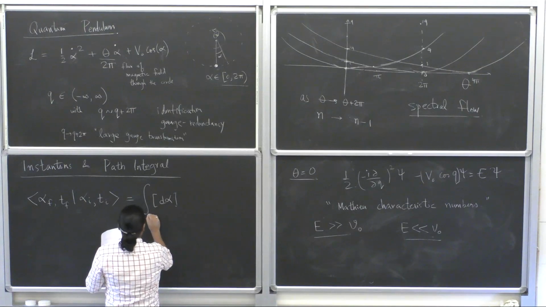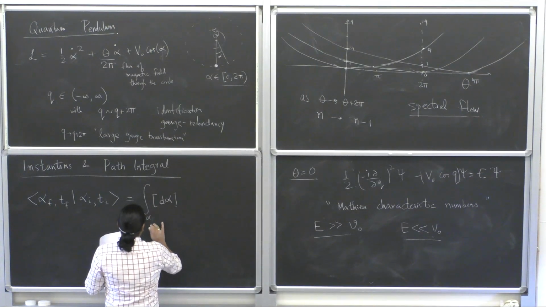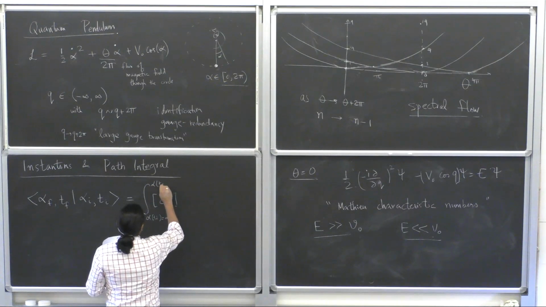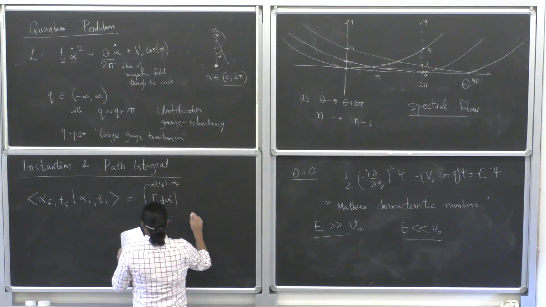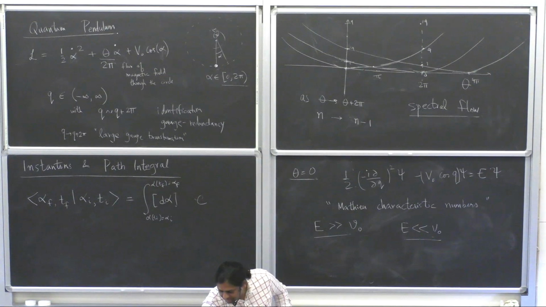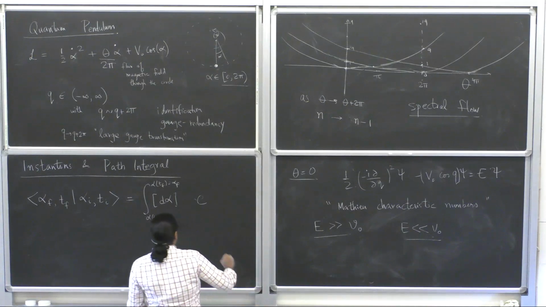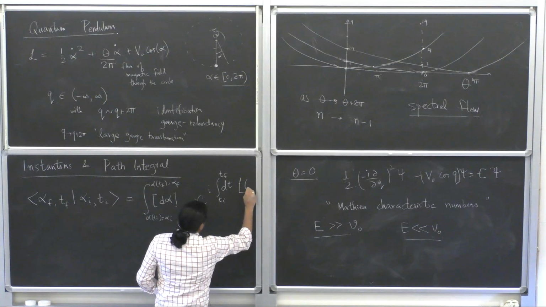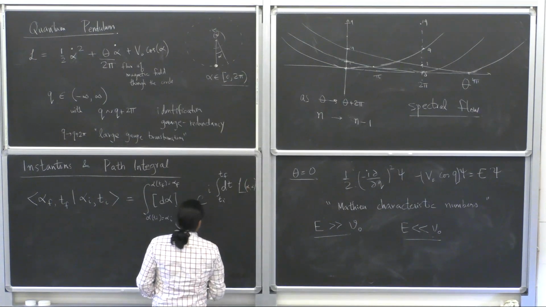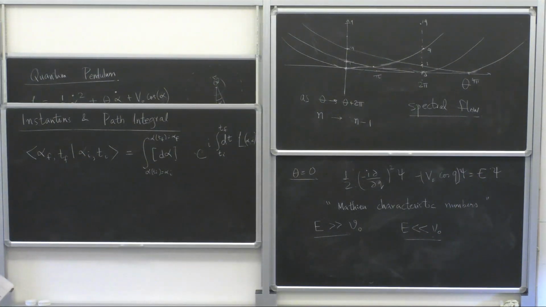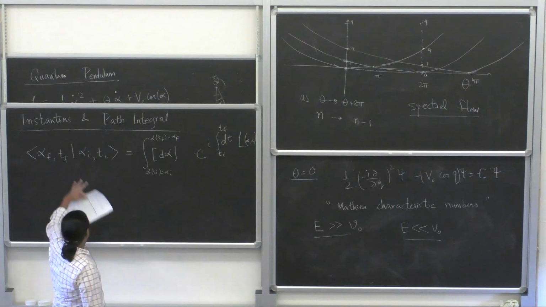So the boundary conditions are alpha(t_i) equals alpha_i, alpha(t_f) equals alpha_f, and we do all paths, weighted by e to the i times the action. So that's the path integral prescription of finding this matrix element.